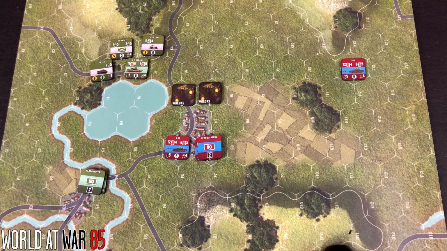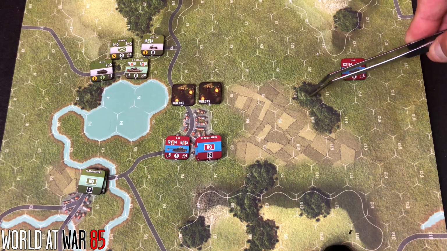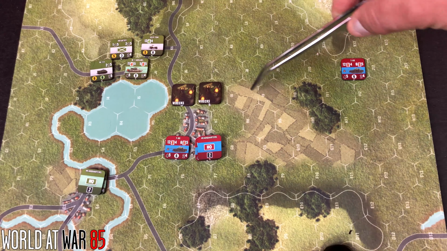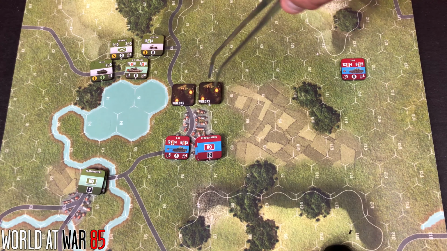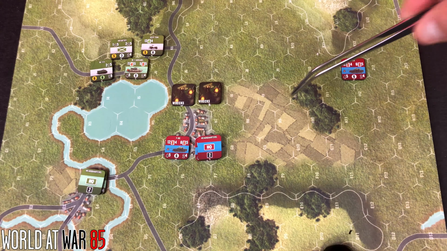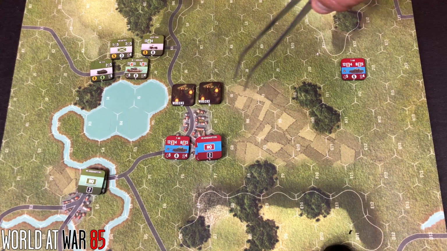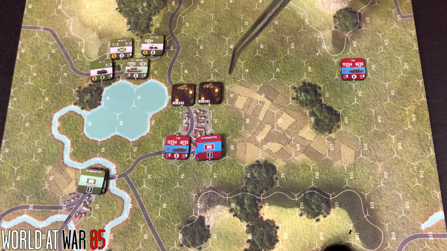Obviously, if it's a blocking piece of terrain, like these woods here or city terrain, if the line of sight is traced through a hex like that, it's going to be blocked and the unit will not be able to perform an attack. When it comes to terrain that's listed down as obstructing, like for example this cultivated terrain here or wrecks, you can trace line of sight through a single hex that obstructs and still have line of sight, but you can't trace line of sight through two obstructing hexes. At that point, it's going to be considered blocked.